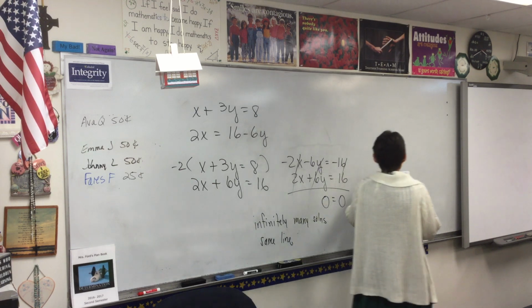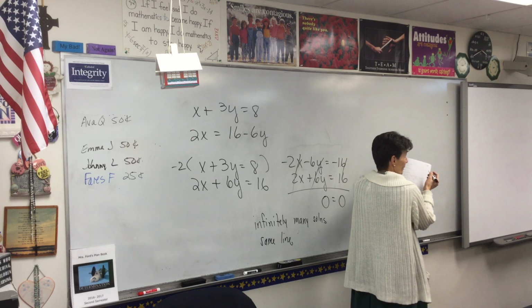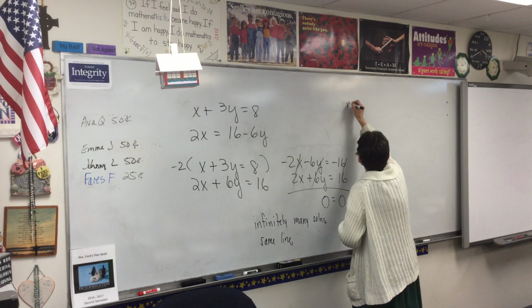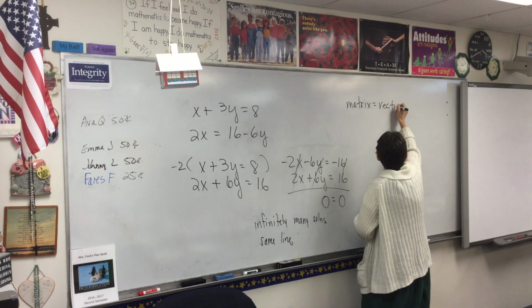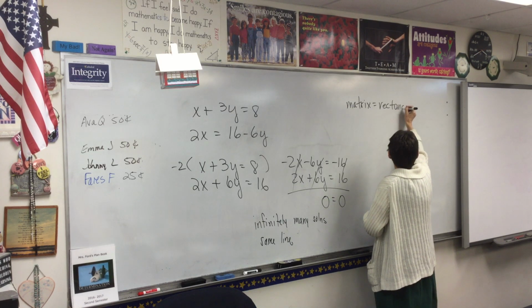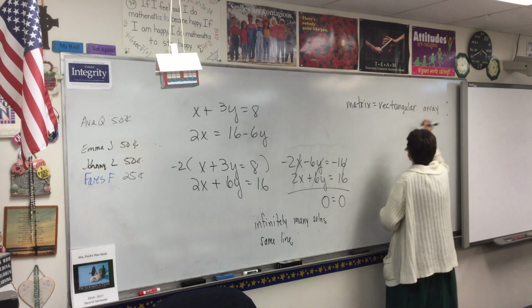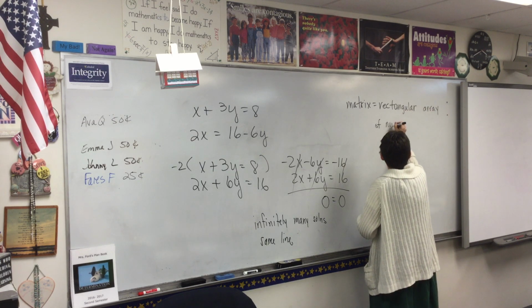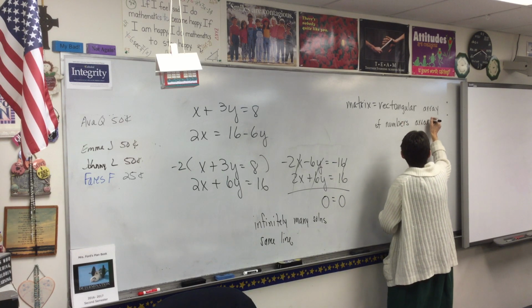Now, a matrix, you're on page 44, you're filling in your vocabulary. A matrix is a rectangular array of numbers arranged in rows and columns.